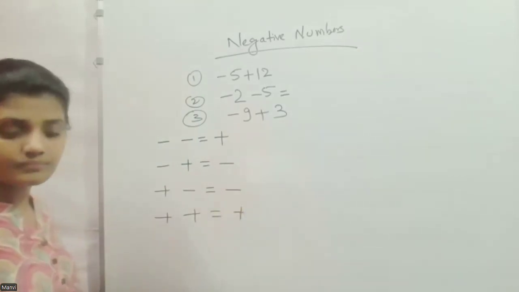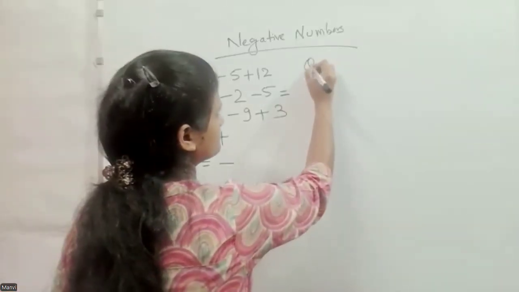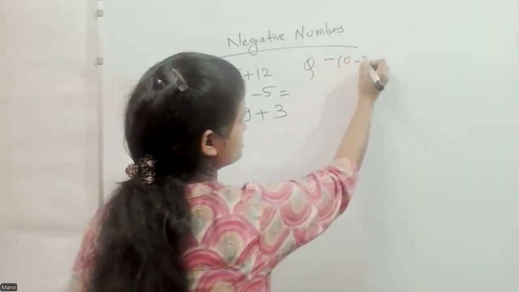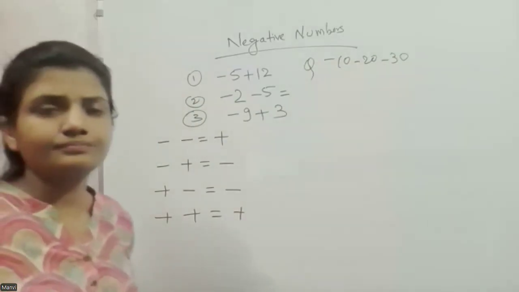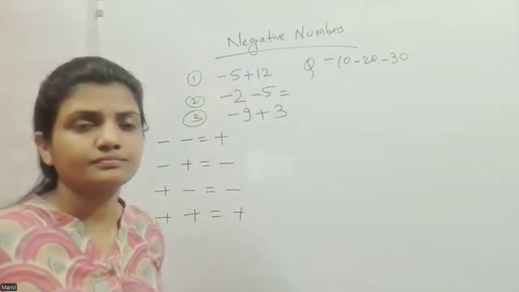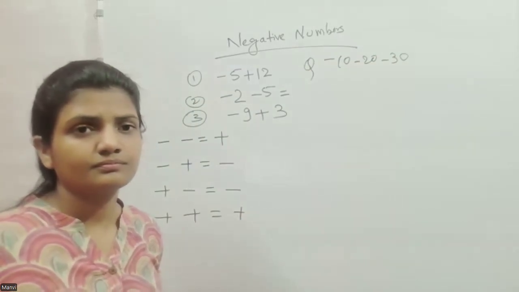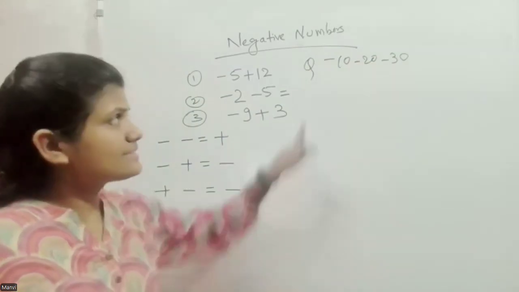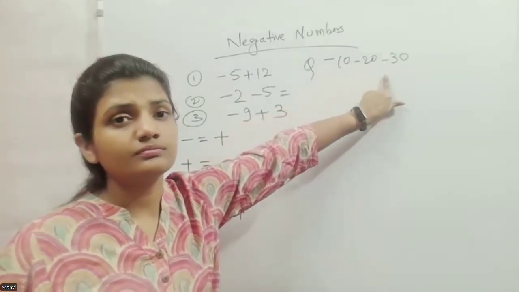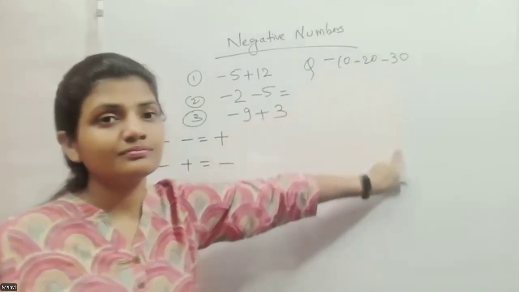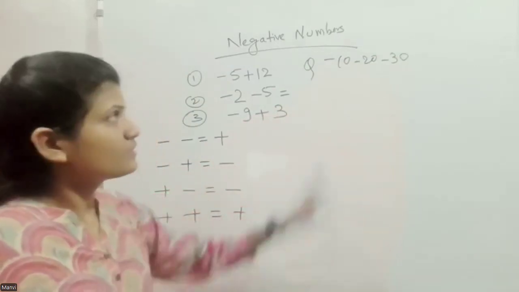Okay? So if the question is like this, minus 10, then minus 20, then minus 30, what will be the answer? You do minus 10 minus 20 minus. Same sign. We always do add.